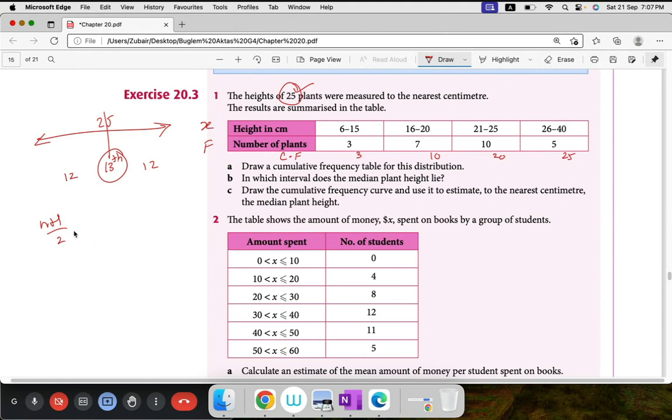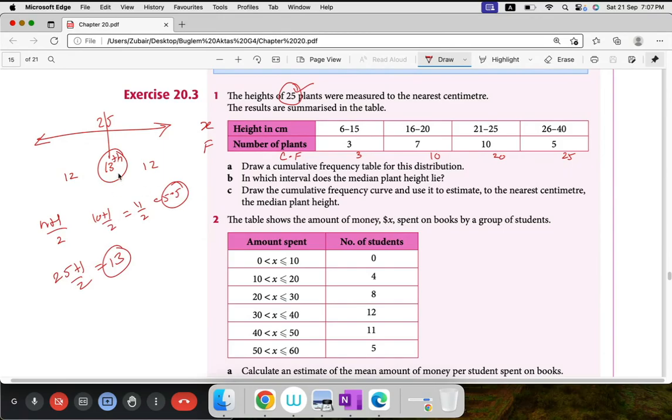For 10, that was 10 plus 1 by 2, which gives 5.5, due to 5 and 6. And 25 plus 1 by 2 directly gives you 13, the middle number.